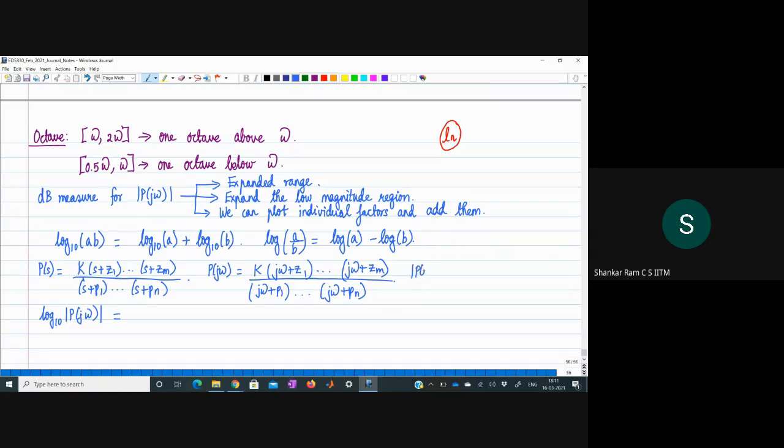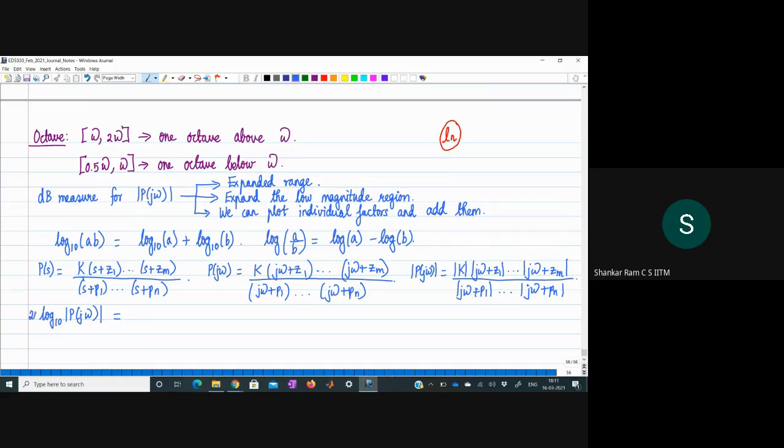The magnitude of P of j omega is going to be equal to the magnitude of k multiplied by the magnitude of j omega plus z1, and so on. As we discussed, the magnitude of products and ratios is going to be the products and ratios of the individual magnitudes. So this is what we will have as the magnitude of the composite sinusoidal plant transfer function P of j omega.